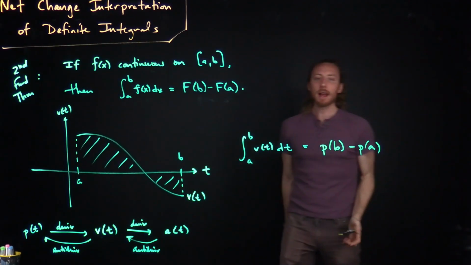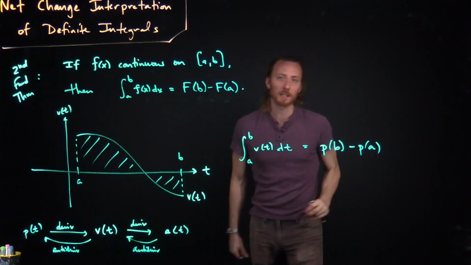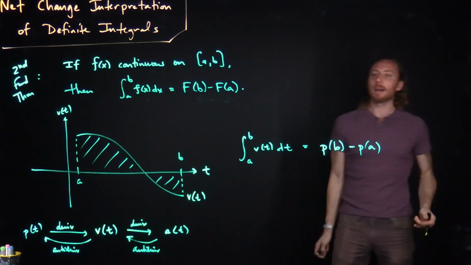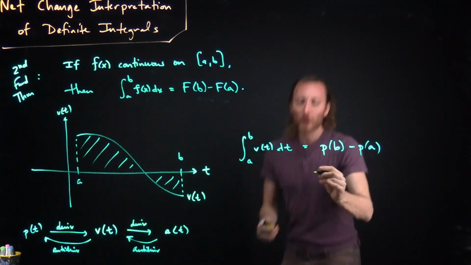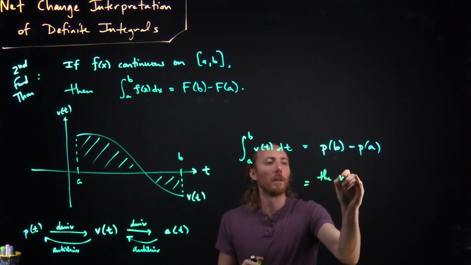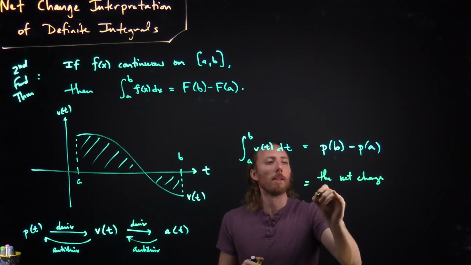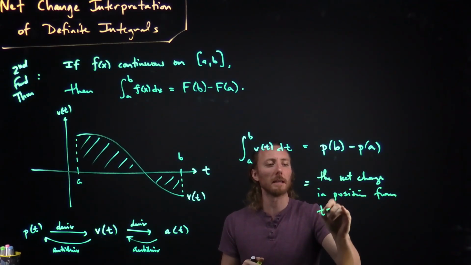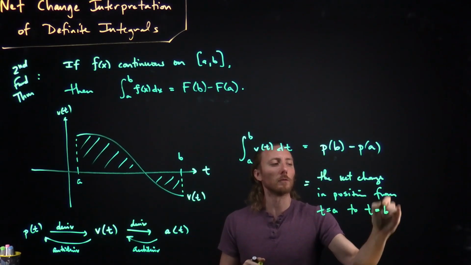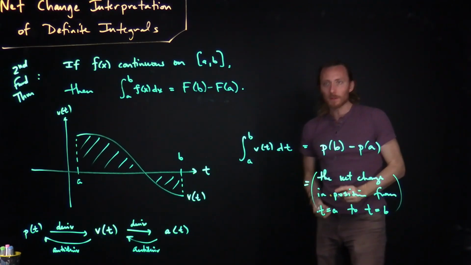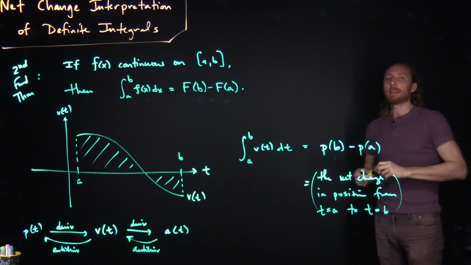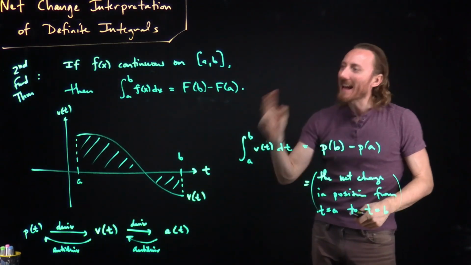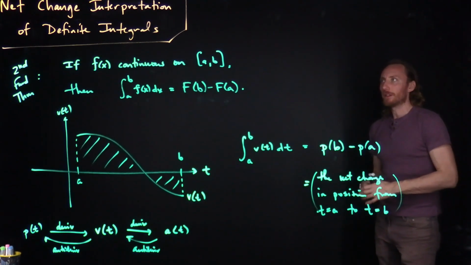And well, hey, check that out. That's the position at time B minus the position at time A. Much like I was talking about my height over time earlier, this is the position over time as it's seen. And well, this is really effectively just the net change in position from t equals A to t equals B. And in general, whenever you talk about a definite integral, it evaluates to just a net change in its antiderivative value.